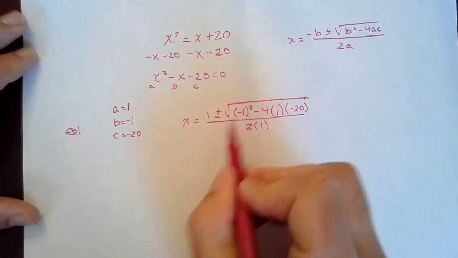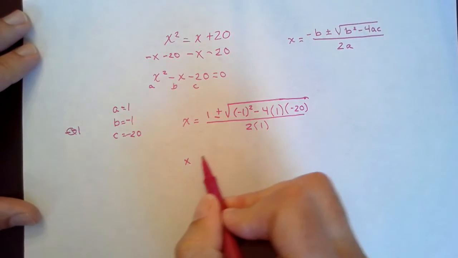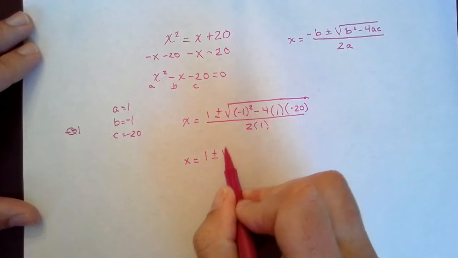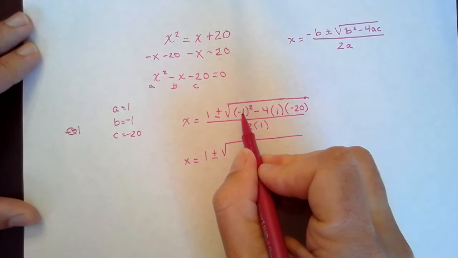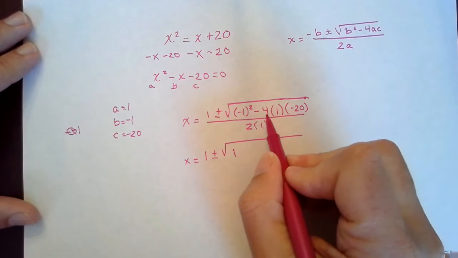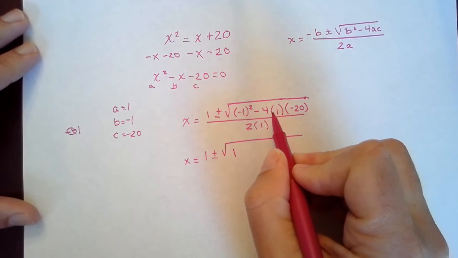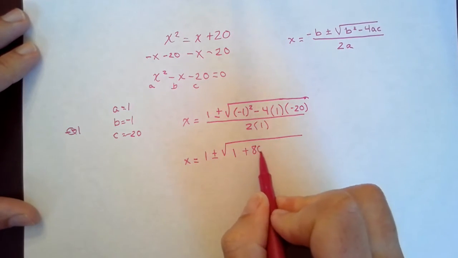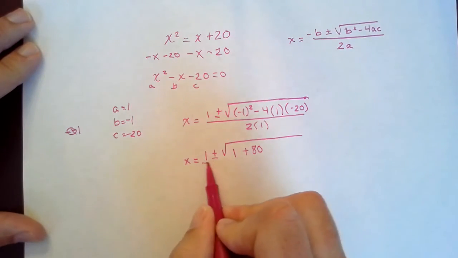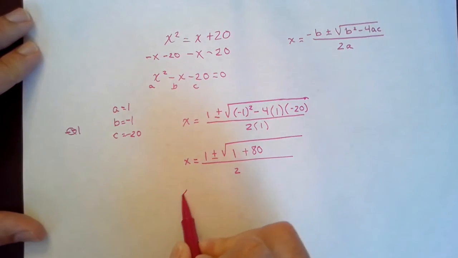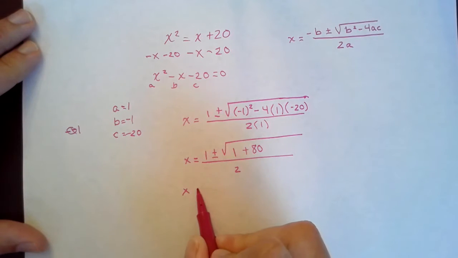All right, so now I'm going to simplify everything in my radicand. I'm going to get 1 plus or minus the square root of, well, this is 1. And then negative 4 times 1 is negative 4, times negative 20 gives me a positive 80, all divided by 2.